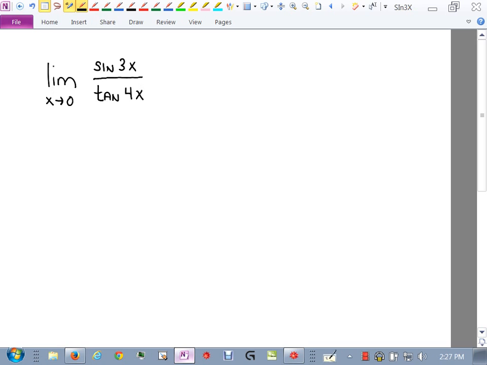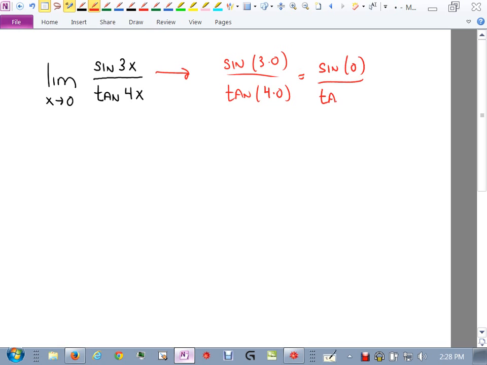Well, let's just make sure we know what's happening here. Let's do direct substitution. This is sine of 3 times 0 over tangent of, not 3 times 0, 4 times 0. So isn't that sine 0 over tangent 0?